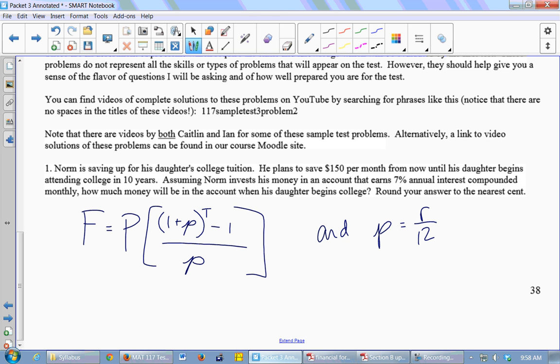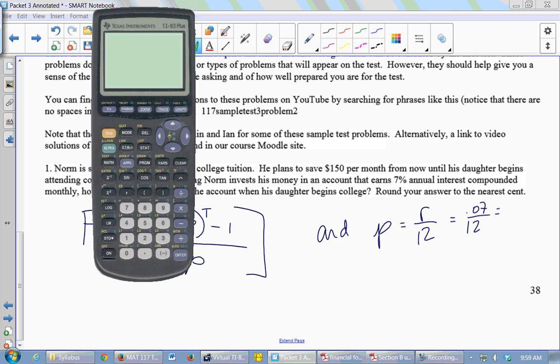Okay, so my APR is 7%, so I put 0.07 divided by 12. And I get 0.0583 repeating. Oh, thank you. 2 zeros.